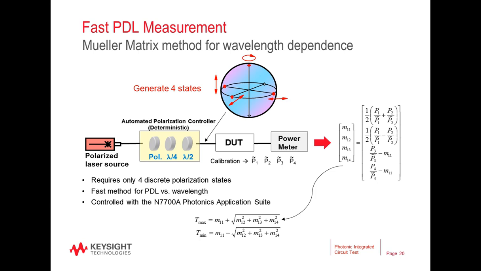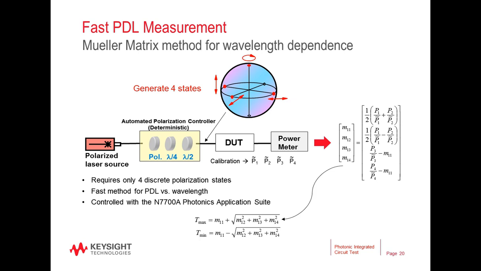That polarization synthesizer generates a state, and it's typically composed of the equivalent of a linear polarizer, a quarter wave retarder plate, and a half wave retarder plate, and those are then rotated and adjusted to generate the 4 states that we're after. With some math shown there, you get Tmax and Tmin calculated from that matrix, and then the logarithm of the maximum transmission yields the PDL.